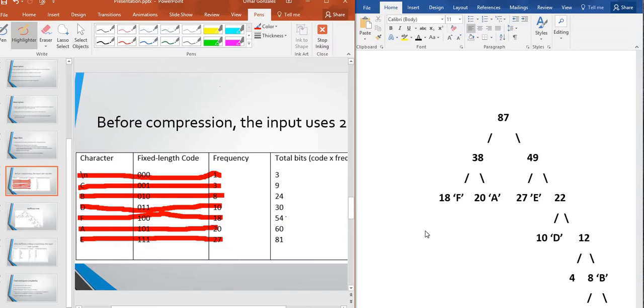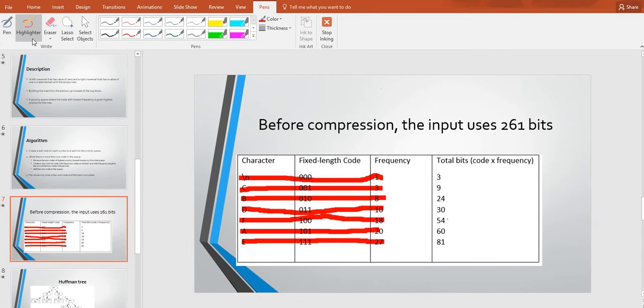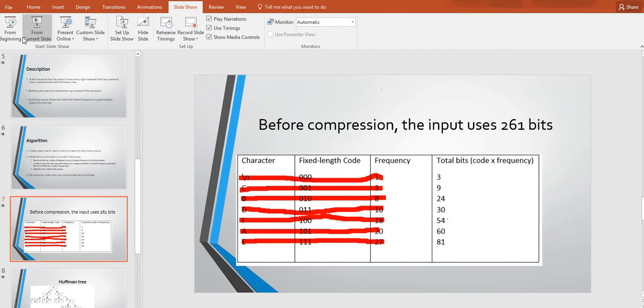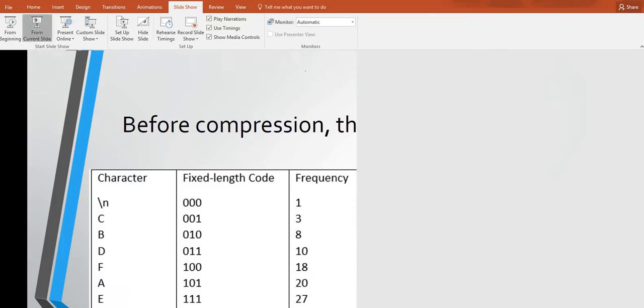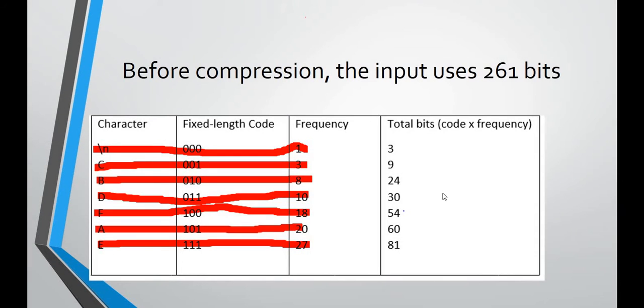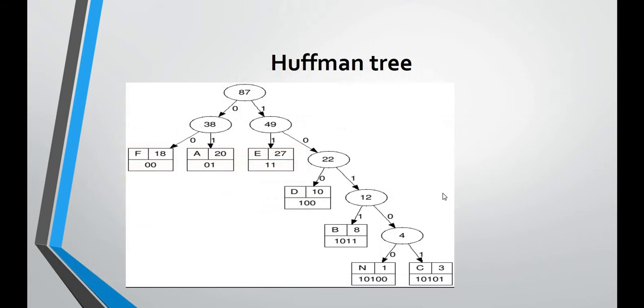After that we have to put zeros on the left and ones on the right for the edges. I will show you here the presentation. Here is the complete Huffman tree.